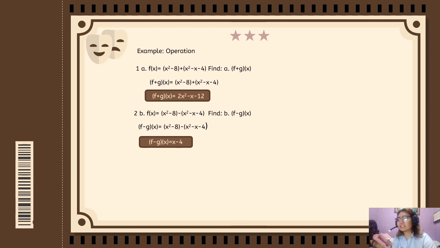Ito na, cancel out natin to, dalawa, dahil negative to, cancel out na natin, dahil wala naman x, bring down na natin si positive x, kasi nga, naging positive x siya dito, kasi nga, minultiply siya, negative times negative is equivalent to positive, so positive x na siya. Therefore, positive 4 na to, plus negative 8 is equivalent to negative 4. Ito na ang isagot natin mismo.